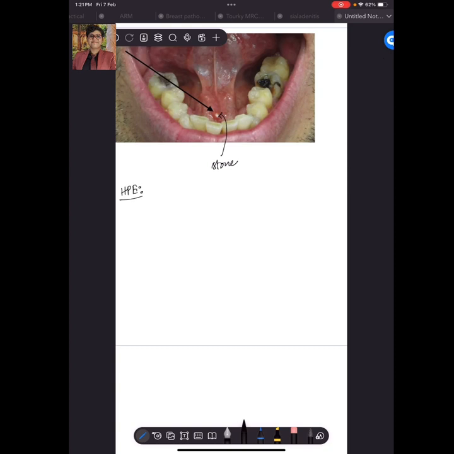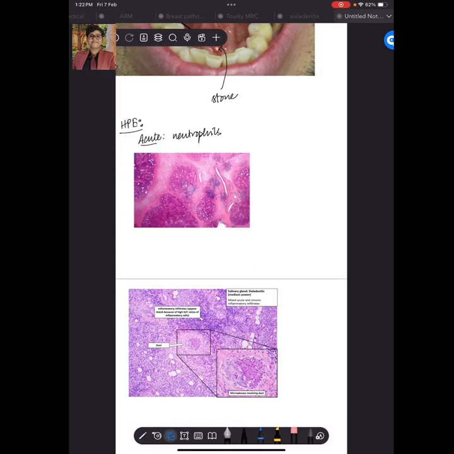In histopathological examination of sialadenitis, we'll find neutrophils, whereas chronic sialadenitis, chronic type will have different kinds of histopathological pictures. Like for obstructive type, we'll see ductal dilatation, the gland tissue may be normal.